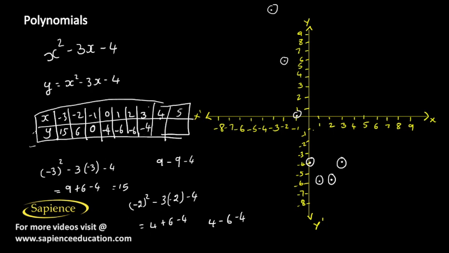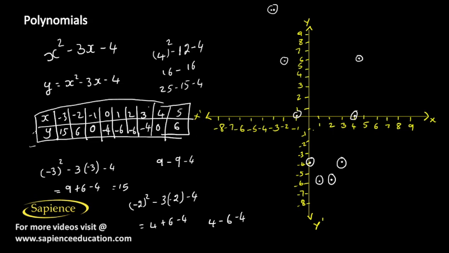It was minus 4, and when we substitute 4 we will get 4 square minus 4 into 3 is 12 minus 4. So we are getting 16 minus 16, which is 0. And when we substitute 5 we get 25 minus 15 minus 4, which is 6. So at 4, y is 0, and at 5, y is 6.